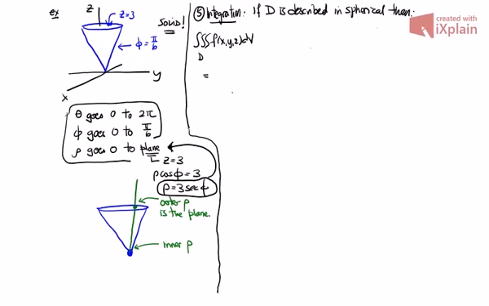So the outside integral, this is the range of thetas. So I'm going to say alpha and beta, and I'm going to label those in a second. Next one is the range of phis. So I'm going to say gamma and delta.